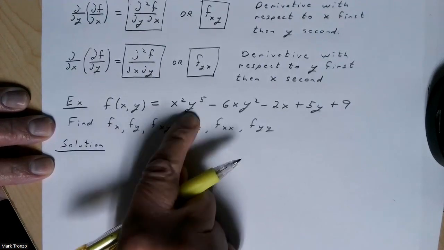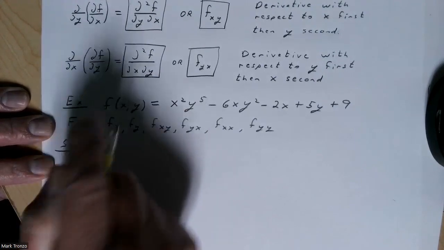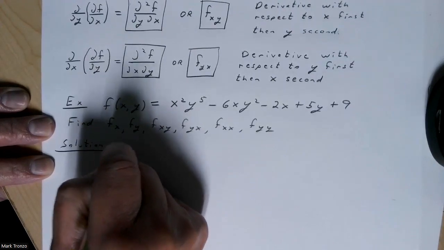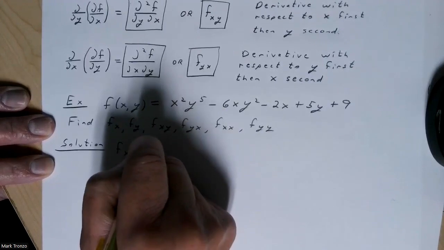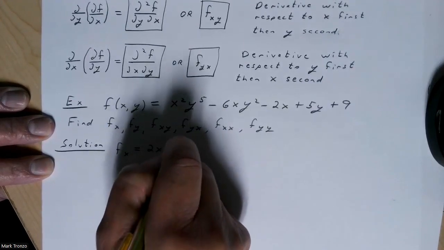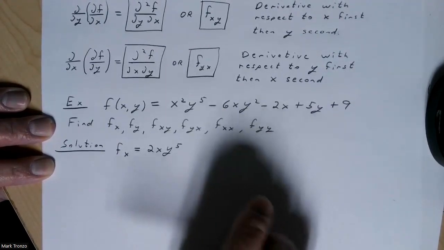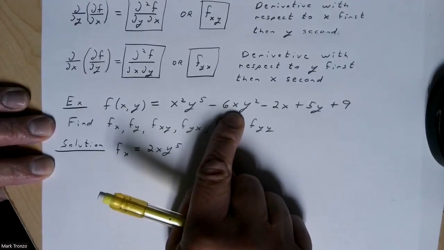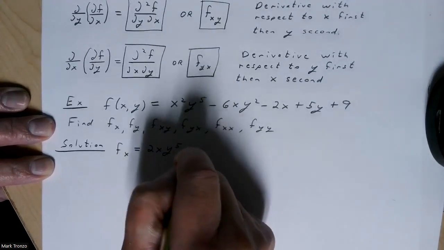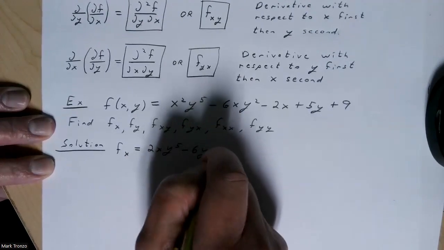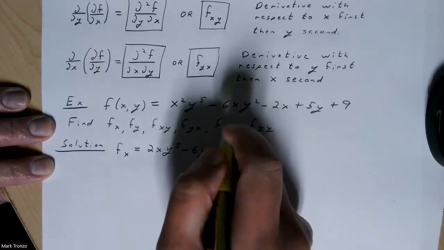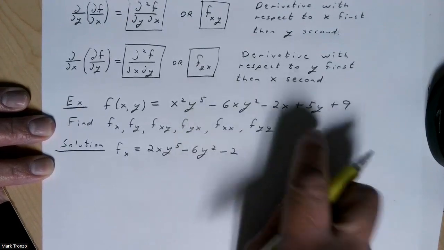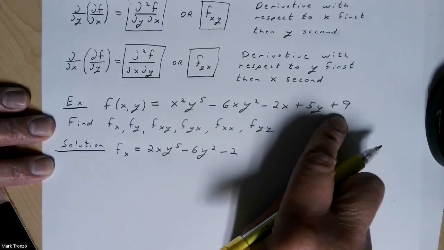So the derivative of this with respect to x is going to be 2xy to the 5th. The derivative of this with respect to x is minus 6y squared. The derivative of this with respect to x is minus 2, constant and constant.